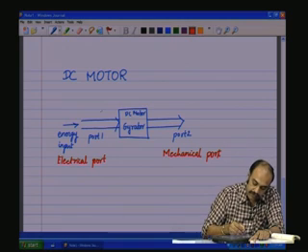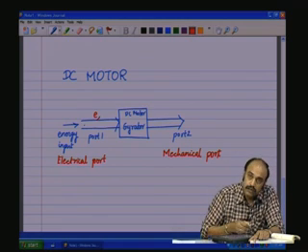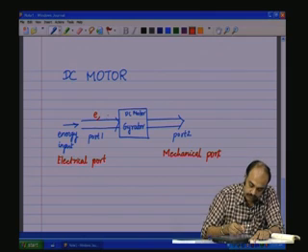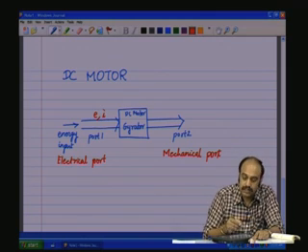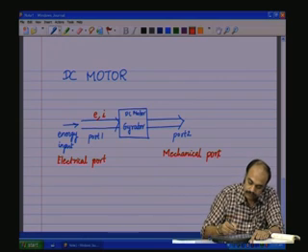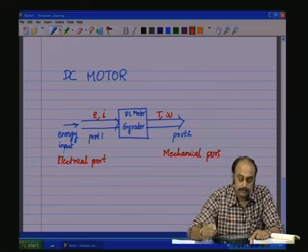So, therefore, the variables here are EMF E, voltage E or V, and the current I for the kinetic variable, the flow variable. On this side, you have torque T and the speed omega.